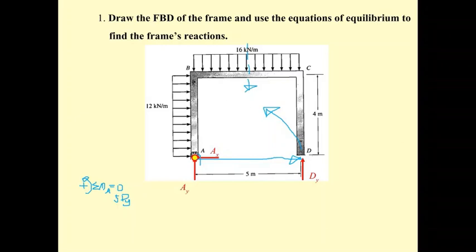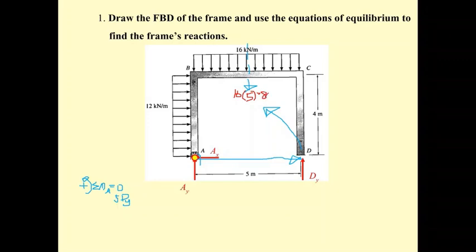The magnitude of this is going to be the total of 16 kilonewton per meter times the length of 5 meters. So it's going to be 16 times 5, which is 80, right?